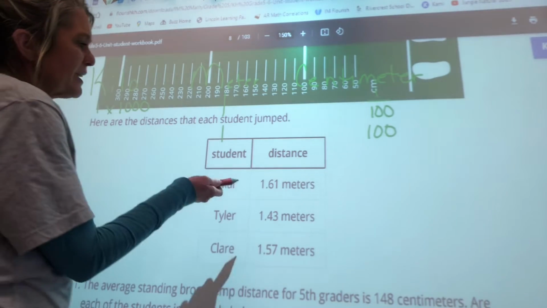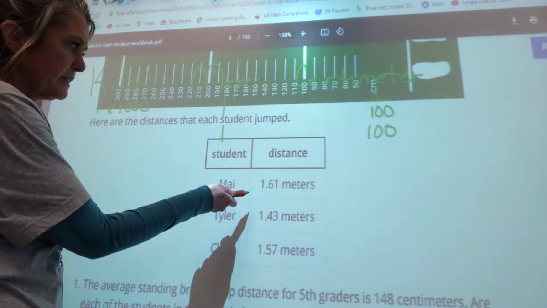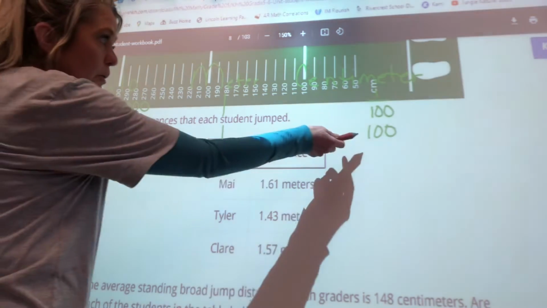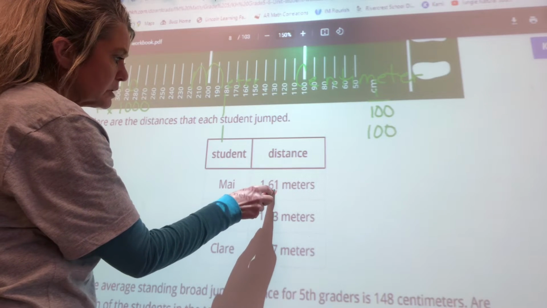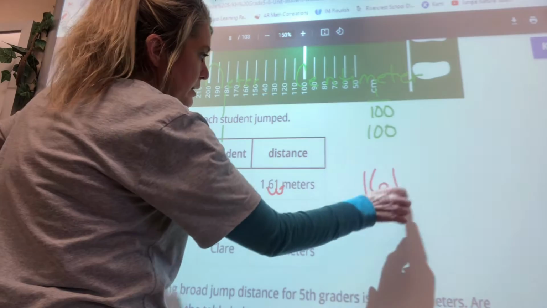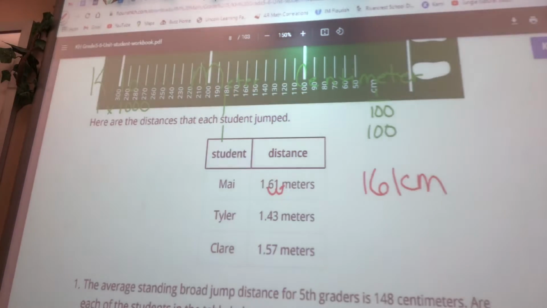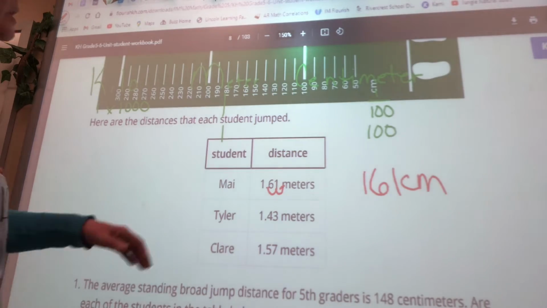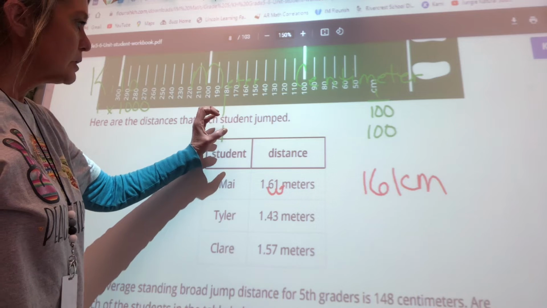Okay, so I know if it's going to be in centimeters, it's going to be a lot higher number, isn't it? And it's going to be higher by 100. So if I moved my decimal 2 places, then that would tell me that Mai jumped 161 centimeters. Because remember, it takes 100 centimeters to make 1 meter.